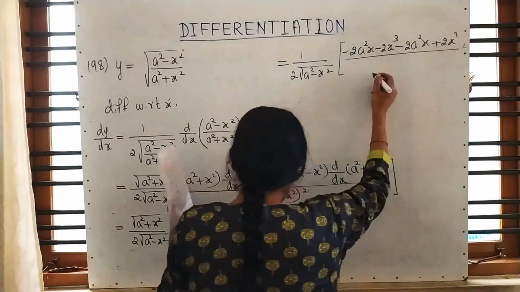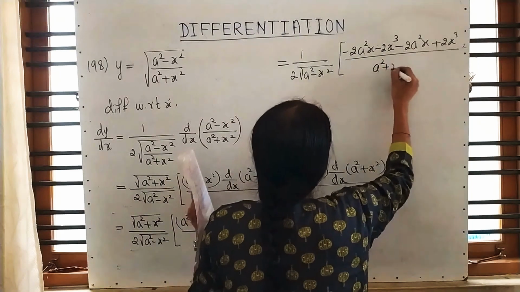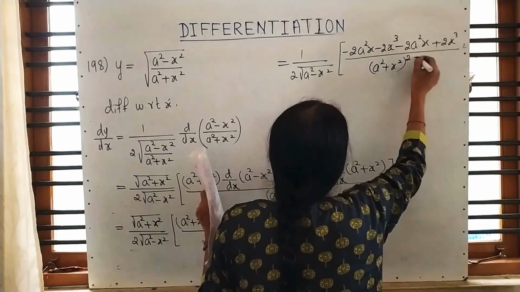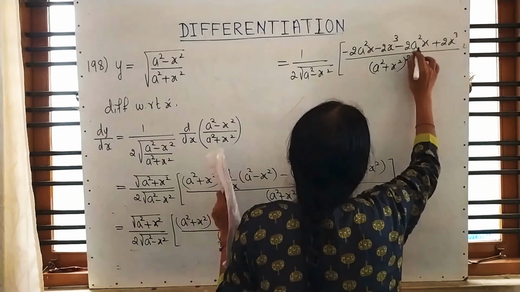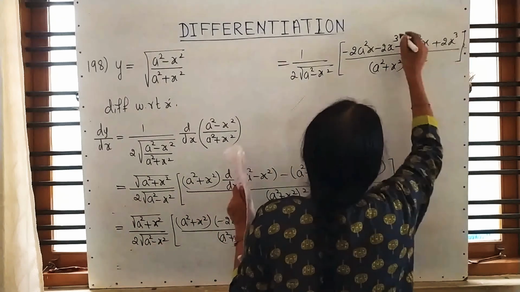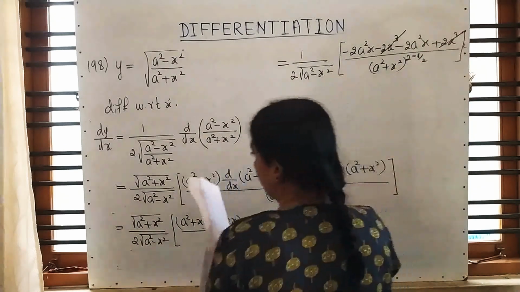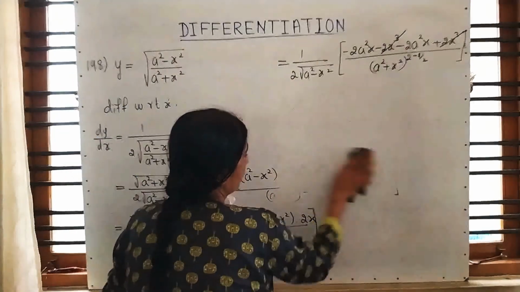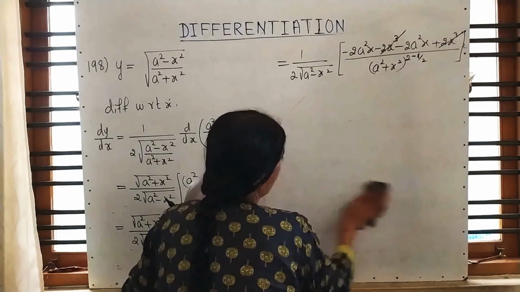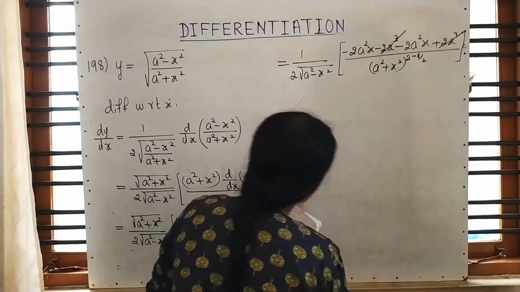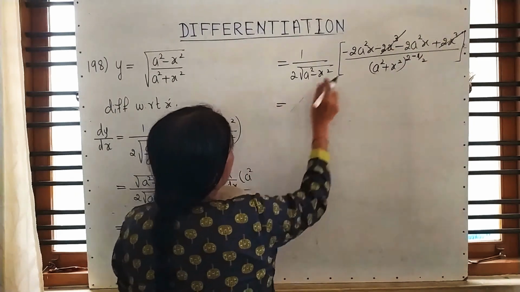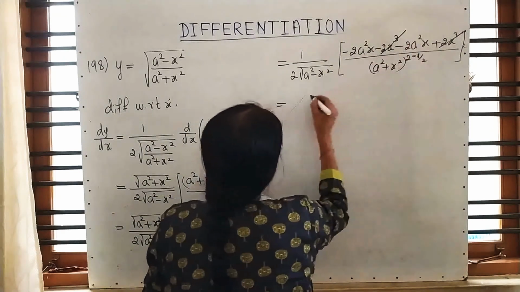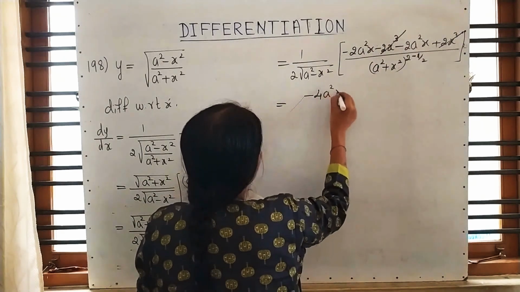In the denominator, already I explained that point. Minus 2x cube plus 2x cube get cancelled. Minus 2a square x minus 2a square x is minus 4a square x.